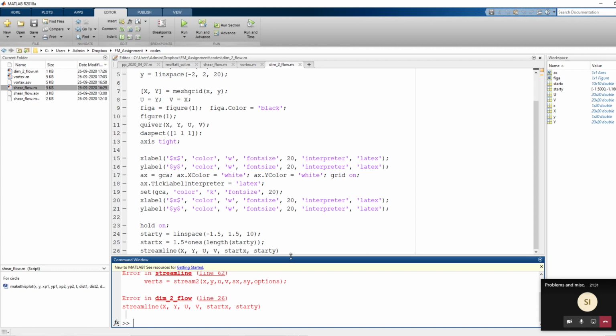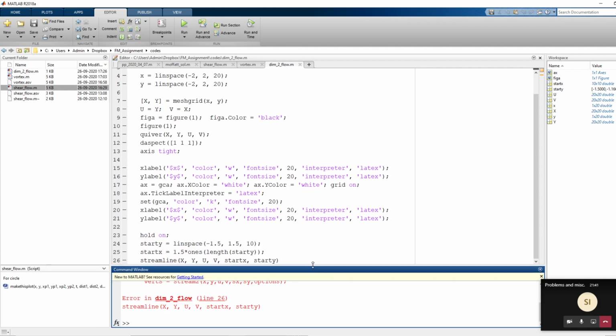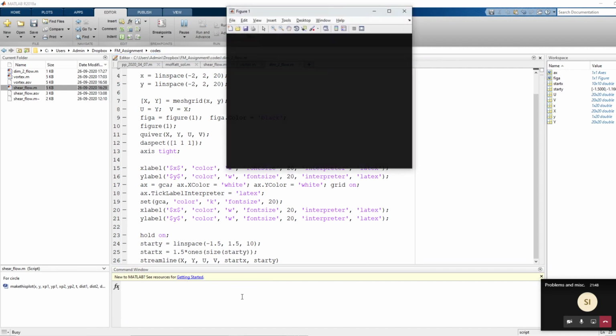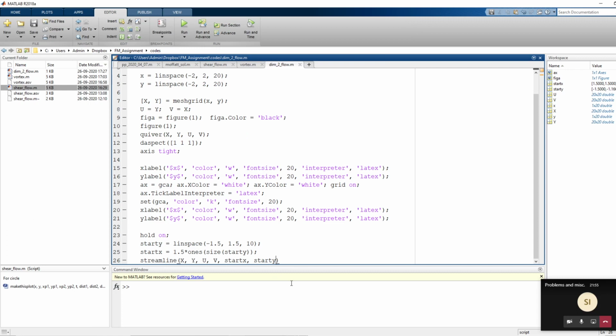So obviously I've forgotten the syntax. So it's stream. Start x and start y are the same size. All right. So okay, let me give it a better color. Let me make it yellow and let me increase the line width to 2.